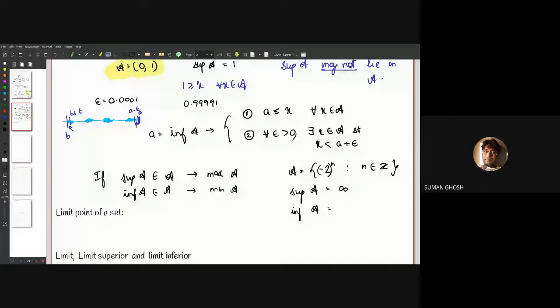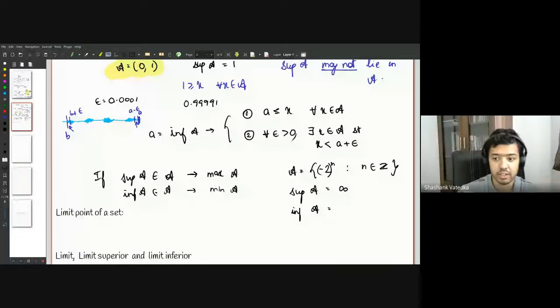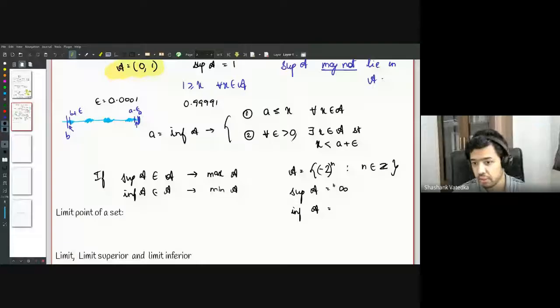It is minus infinity, because as n tends to infinity, you have both +2 to the n and -2 to the n. If n is odd, then this becomes negative and goes smaller and smaller. So the infimum of A is in fact minus infinity.